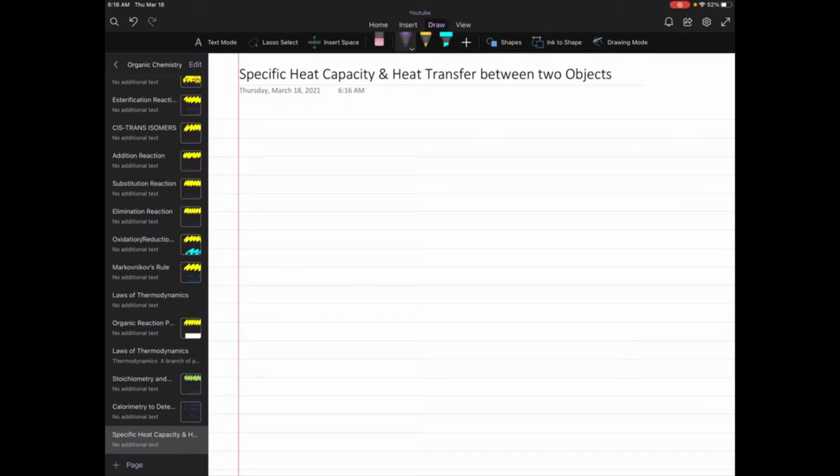So the question I have, I'll write down the question with you, and I'll explain it as we go along. The question that we're trying here says: a 235 gram lead ball, for which the specific heat capacity they have given us is 0.13 joules per gram degree Celsius.